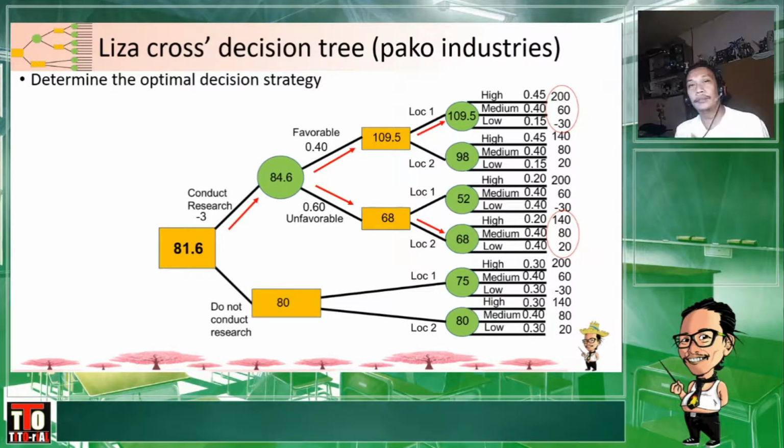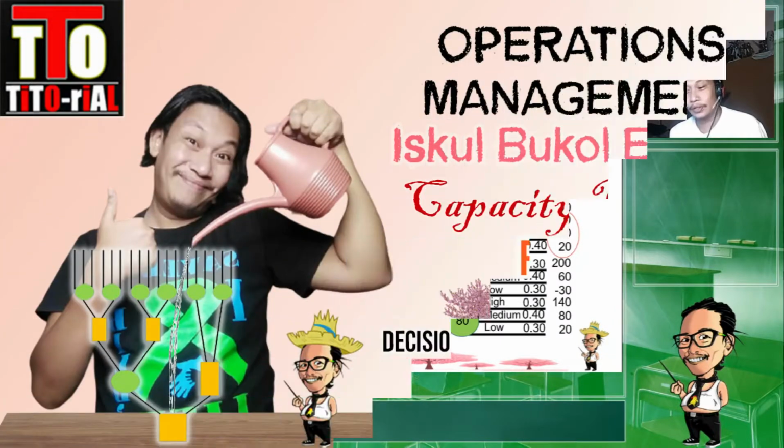Pero kung na-determine ni market research mo na unfavorable sa iyo yung market, then dun tayo magtayo ng business sa atin kay location 2. So basically, the decision tree gives us the possibilities on what will happen based on our decisions. Okay?